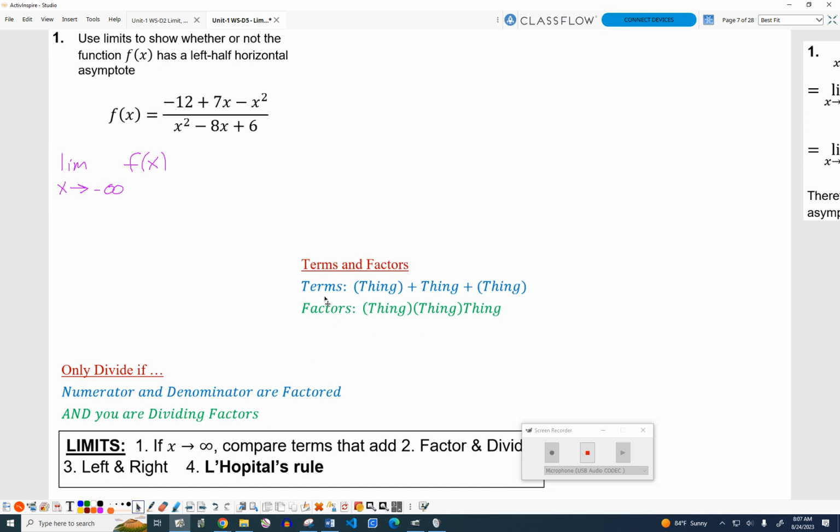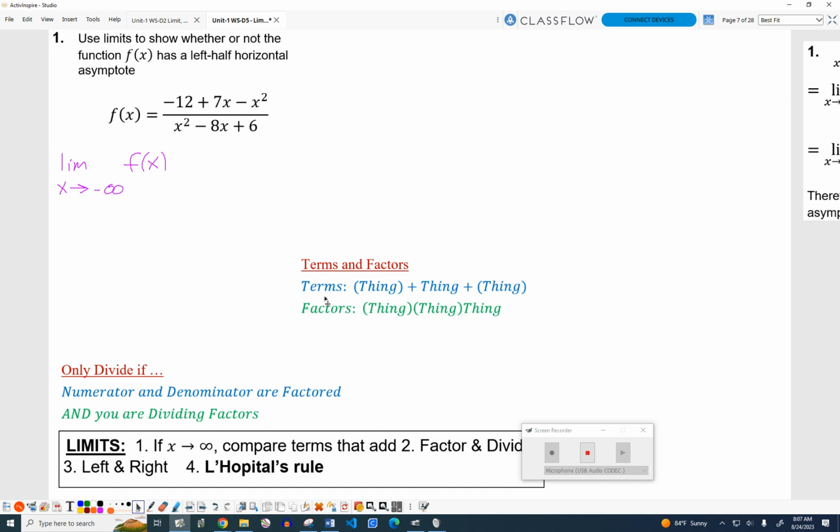Versus when I was talking about factors, it was a thing times a thing times a thing. And as we talk about expressions throughout the year, you'll see me go back and forth regularly. It's usually just a matter of perception, how you look at something, whether you say you are looking at terms or looking at factors.